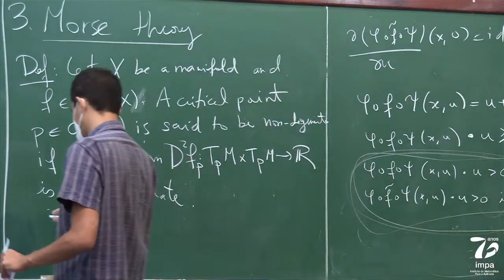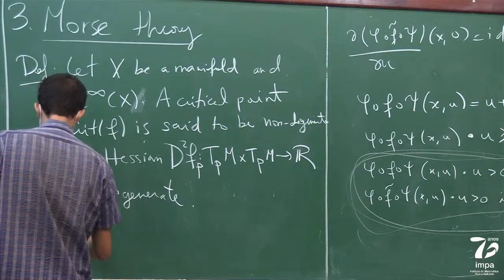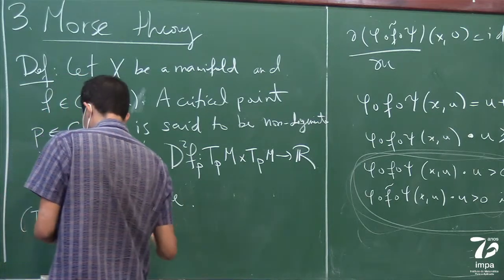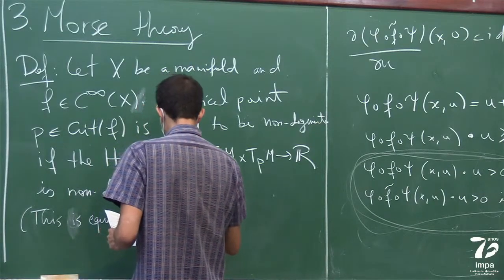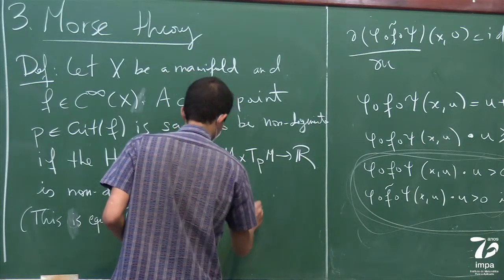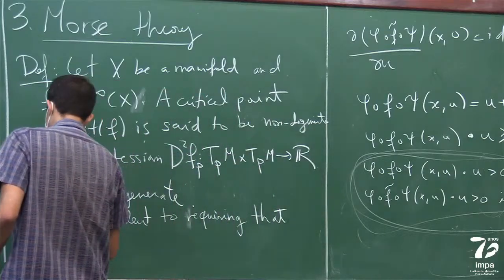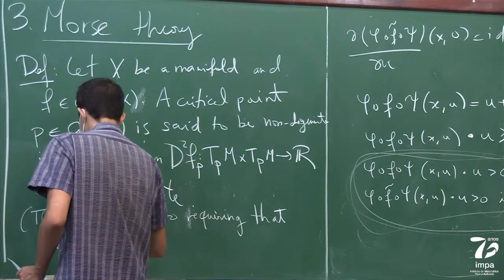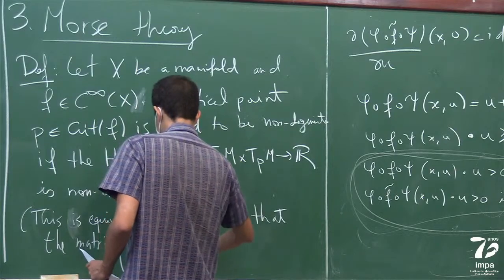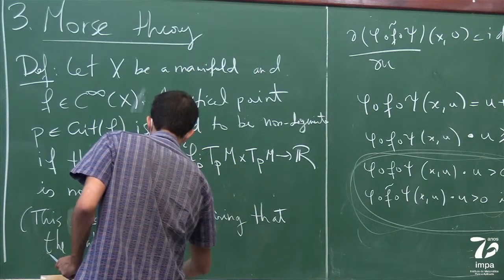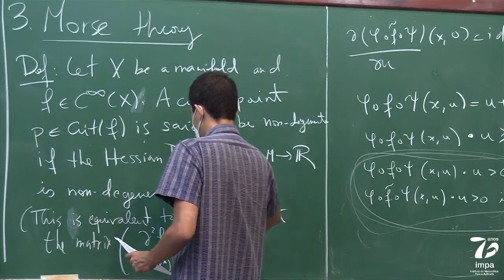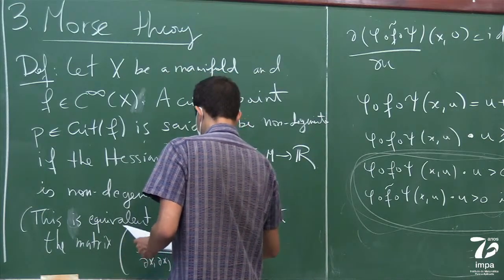This is equivalent to requiring that the matrix of the partial derivatives, so if I write it like this, d x_i d x_j at P, is non-singular.